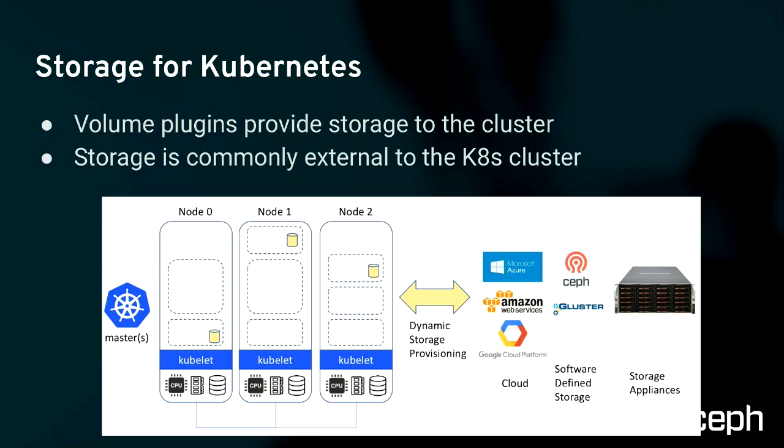So with storage for Kubernetes, you have these volume plugins to provide various storage backends. And these could be proprietary storage technologies from EMC, from HP, from vSAN as part of a VMware deployment, or they could be open source platforms such as Ceph, OpenEBS, etc. And the storage typically is external to the Kubernetes cluster.